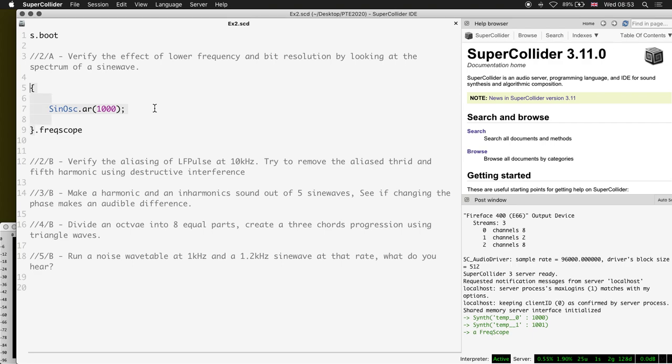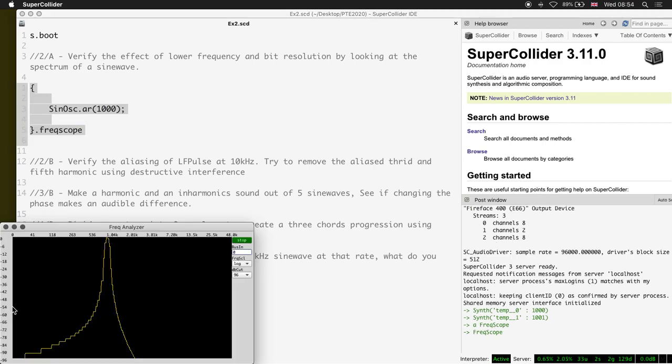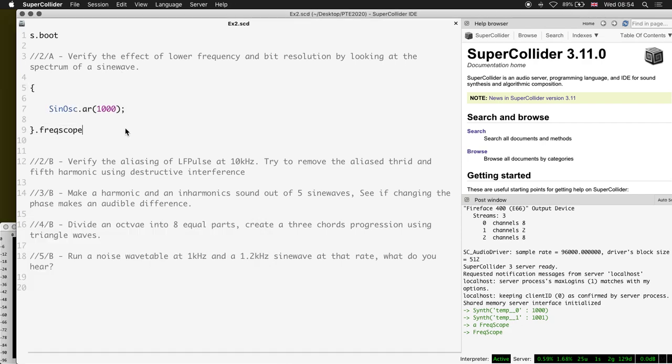First of all, one of the things to note here is that the sine wave doesn't look like an actual straight vertical line, and that has to do with the analysis, whereas theoretically it would be a straight line. But never mind that. Let's decrease the resolution and see what happens.